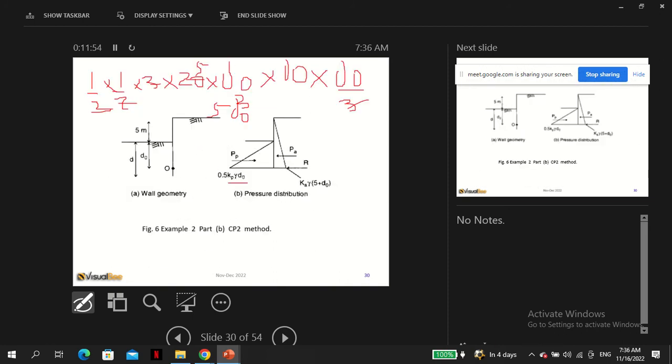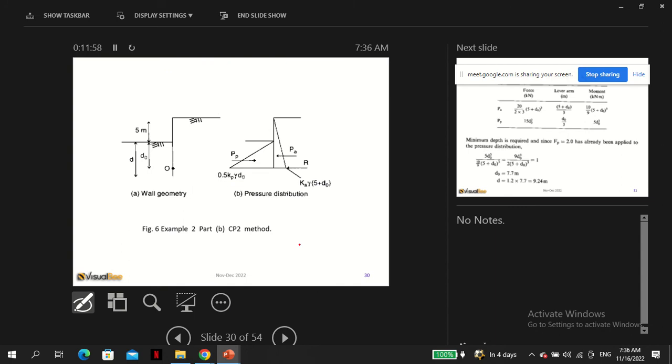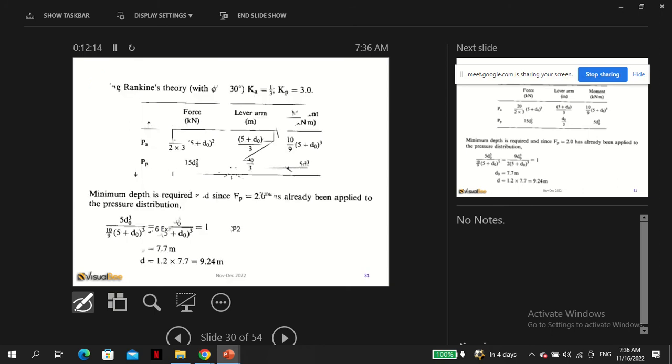The same idea on this side, so that would be a half times Ka. I think we need to substitute the actual value.